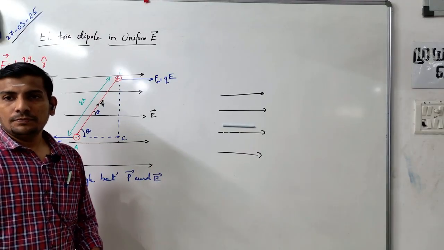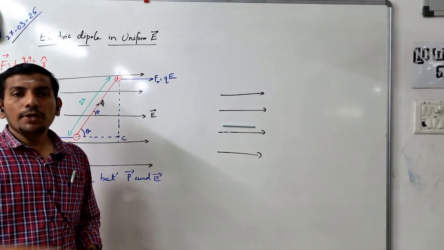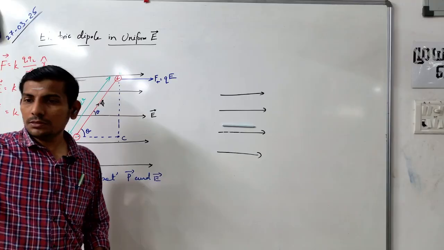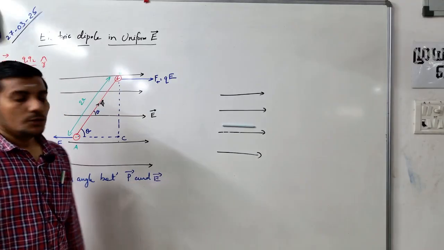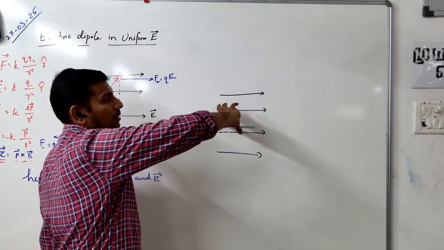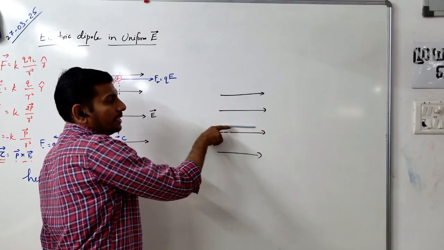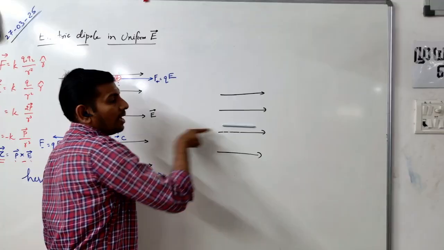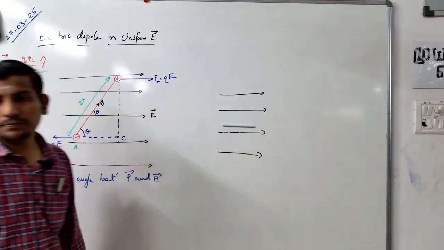Rotation can vary. So now it has rotated. Will it go for one complete rotation? Never. This torque will rotate the dipole till the dipole gets aligned with the electric field.